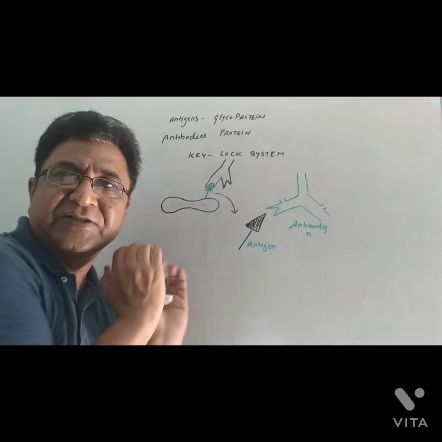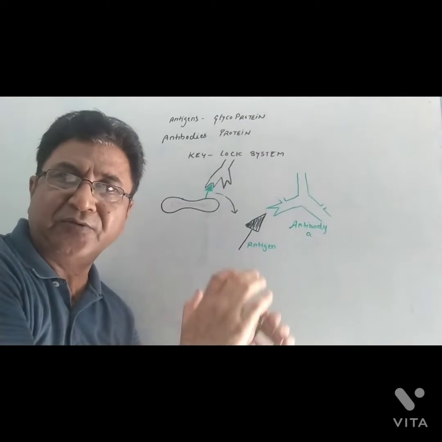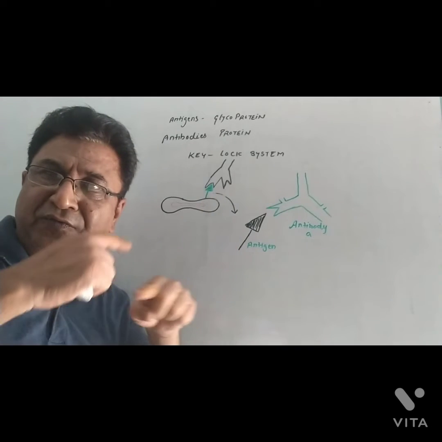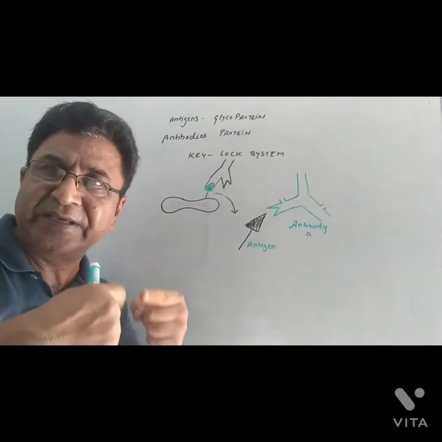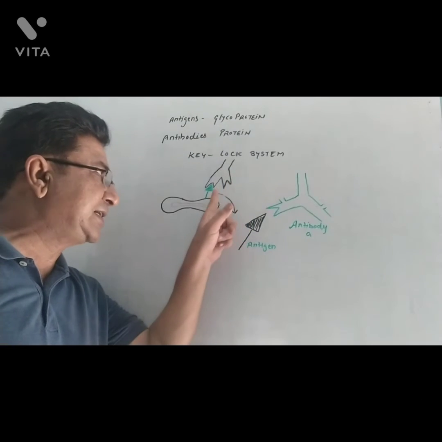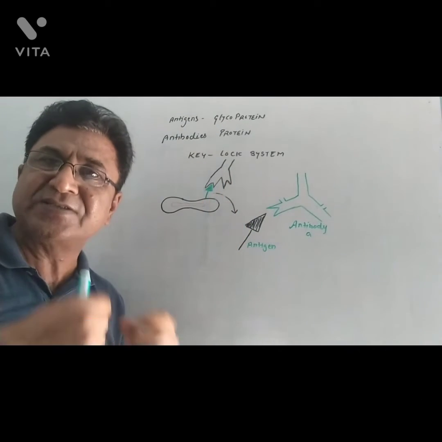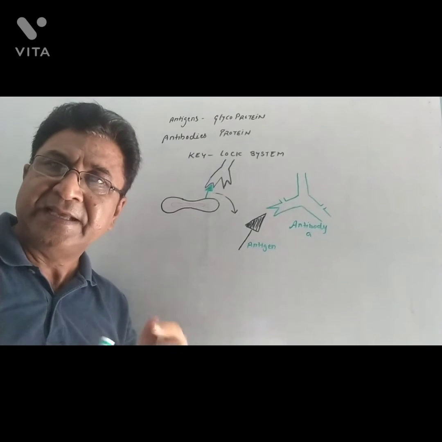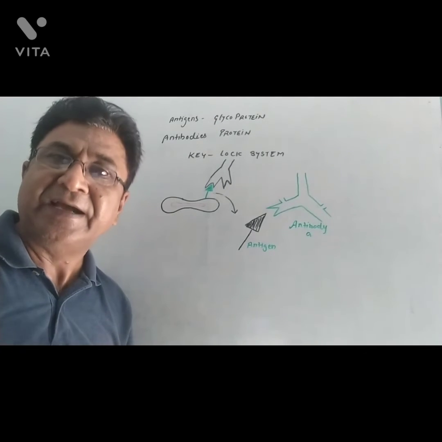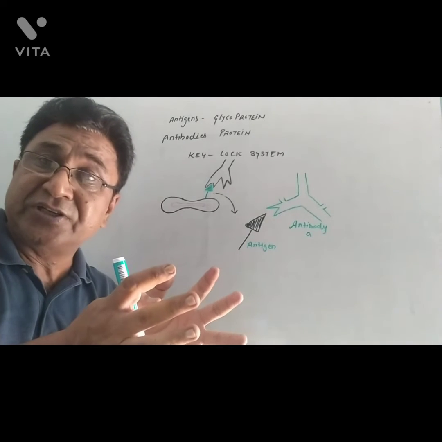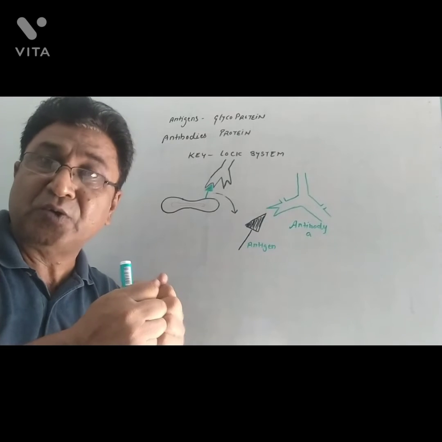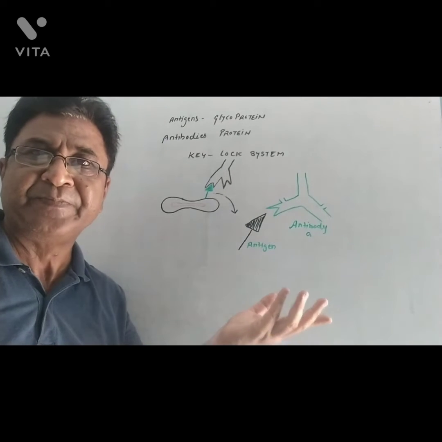This RBC is flowing in the blood. If this protein gets attached to this antigen, the flow of the RBCs will be restricted. If 2, 3, 4 antibodies get attached to antigens of RBCs, then RBCs will not float properly. Ultimately, they come to the junction of capillaries and a clot will form, that is called coagulation of the blood.